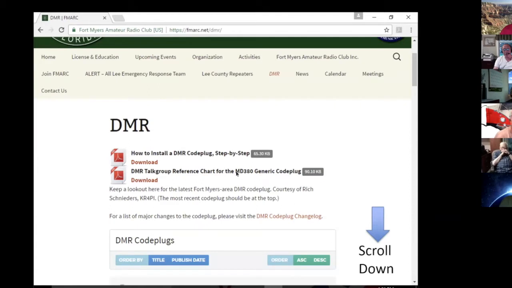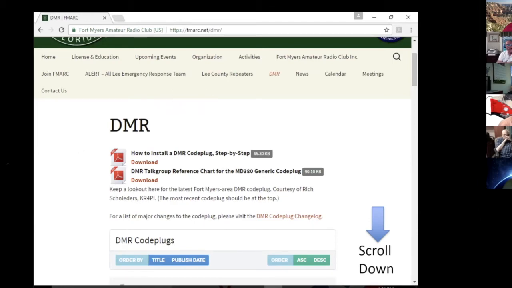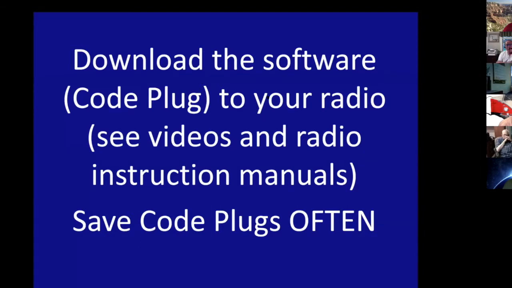The MD380 is another brand of radio. You download the code plug, and there's plenty of people in the Fort Myers group that would be more than happy to give you a hand putting it onto your radio. Between the videos and the instruction manuals that you can download, it really is much simpler than maybe it sounds.